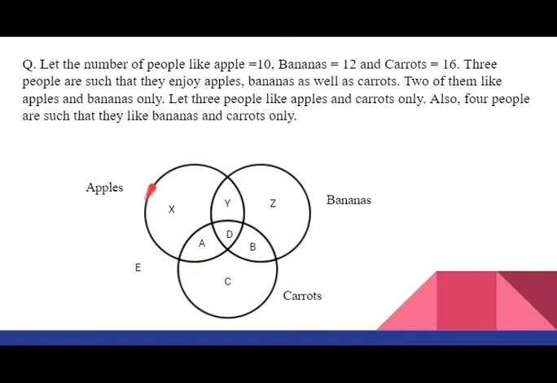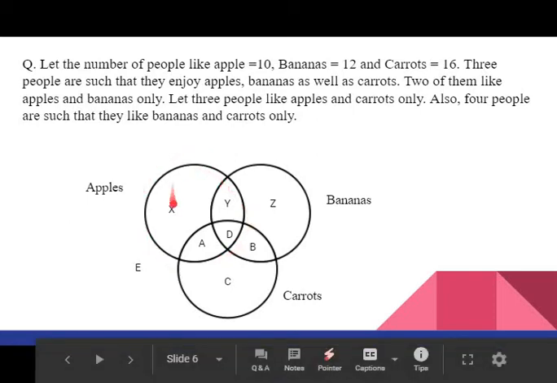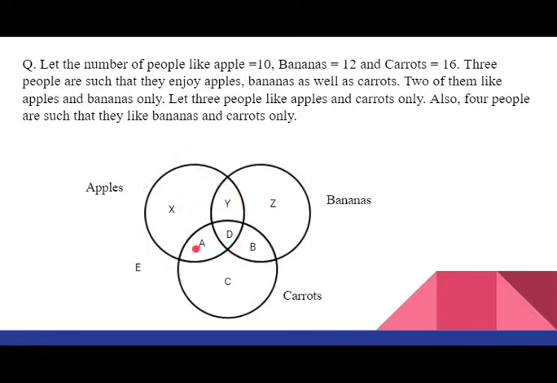If someone asks the number of persons who like apple, it will be given by this circle. So the answer will be x plus y plus d plus a, because this circle represents the number of persons who like apple. I hope you have got the idea about these variables.